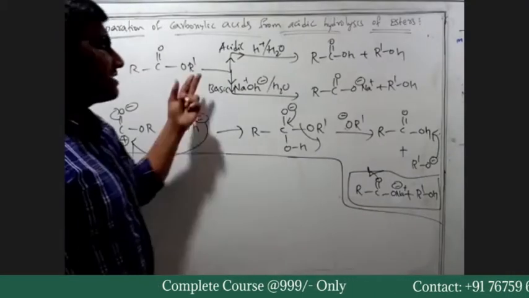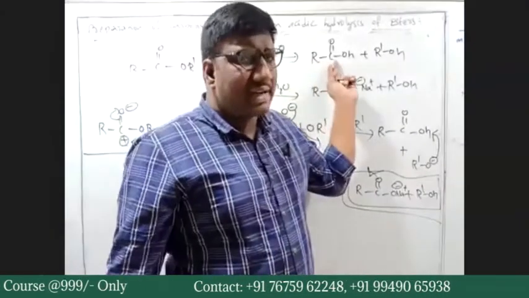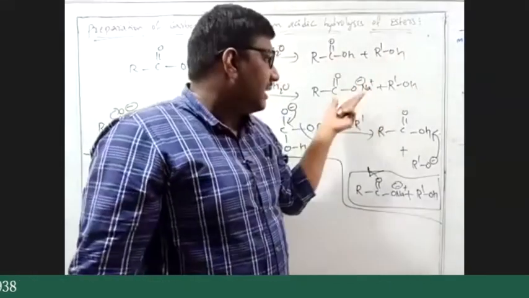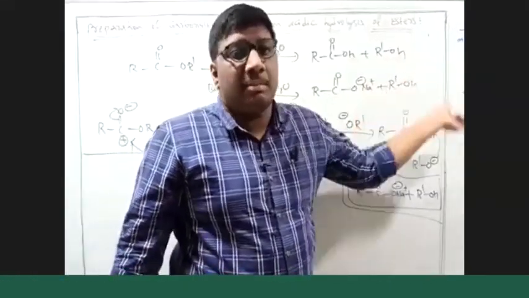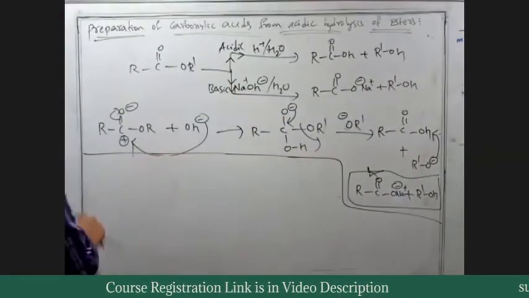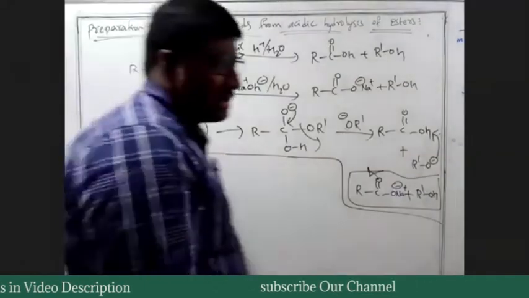If we do acidic hydrolysis, we will get RC double bond OH plus R'OH, acid plus alcohol. And here we will get carboxylate ion plus alcohol.